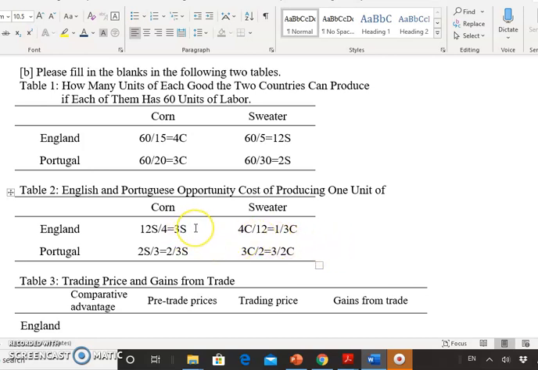So you find the same thing here, okay, in table 2. Now the opportunity cost in England for each corn is 3 sweaters, but the opportunity cost in England for each sweater is 1/3 corn. So it's just the reciprocal, okay? Because when you look at the calculation of the ratios, we flip it, for both countries to get their opportunity cost.